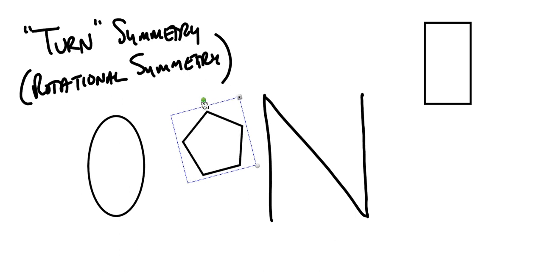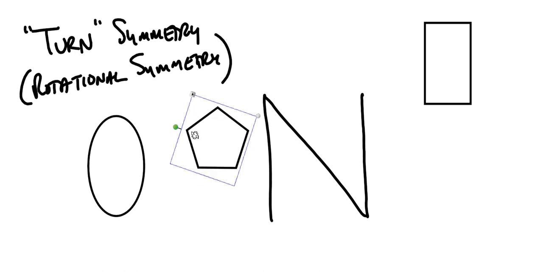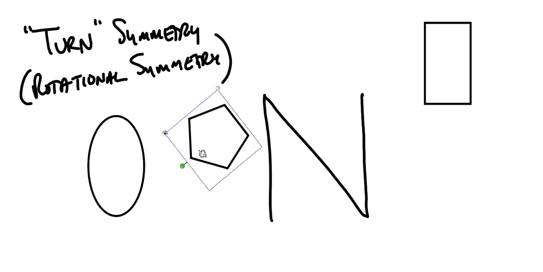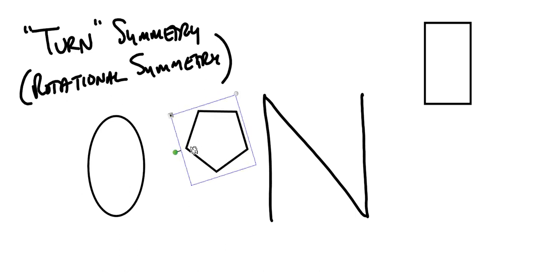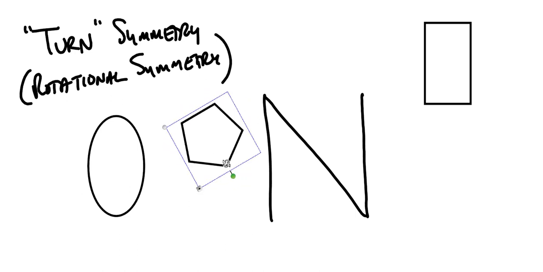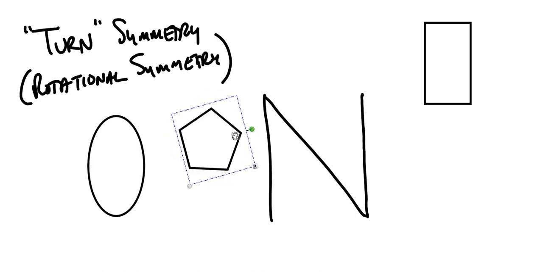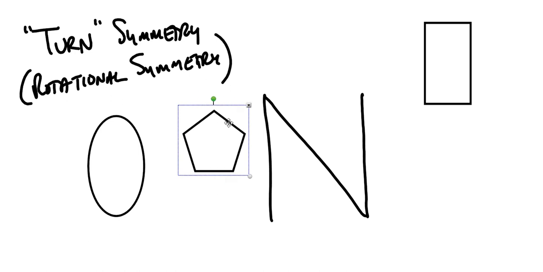Well, how far is that? I don't know. But we do know that from the start, we can do this 1, 2, 3, 4, 5 times before we go back around 360 degrees, and each of those must be the same. So 360 divided by 5, that's 72 degrees.